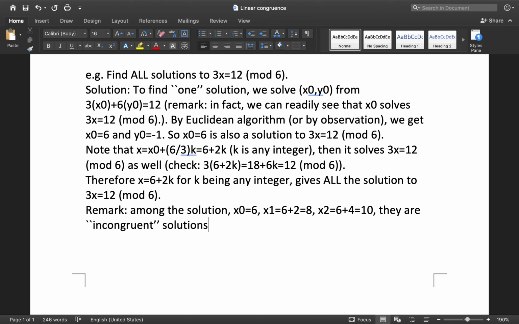For example, 6 and 8 are not congruent in the sense of the congruence relation modulo 6, because if you take the difference, 8 minus 6, that is just 2. That is not a multiple of 6, so 6 and 8 are incongruent. Similarly, for another pair, you can take 10 and 6. Then 10 minus 6 gives you 4. Again, it's not a multiple of 6. So that's why they're incongruent.